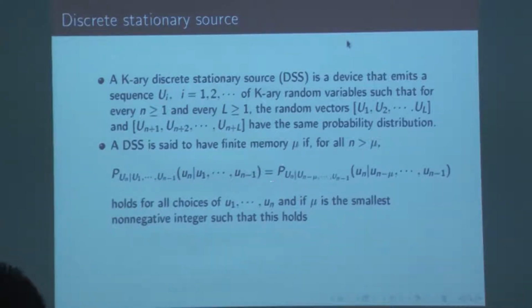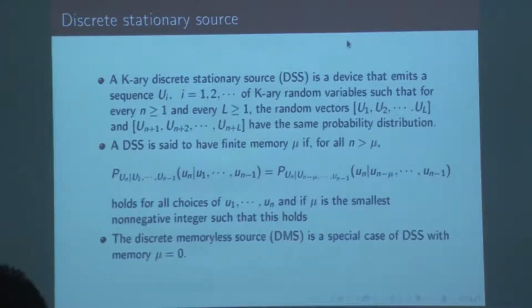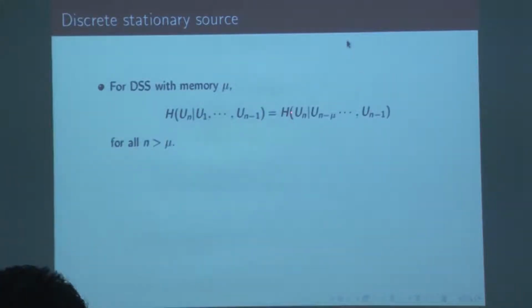So, this is equal to the probability of U_n given U_{n-1}, U_{n-2}, U_{n-3}, up to U_{n-mu}, and this holds for all choices of U_1, U_2, U_3, and so on, and mu is the smallest non-negative number such that this relation holds. Now, as you can see, a discrete memoryless source is a special case of this, for the case when mu is basically 0.